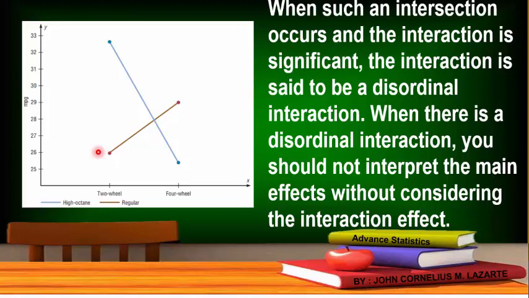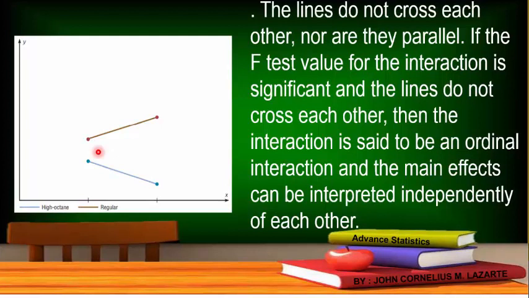There are also two other cases, which is if the lines do not cross each other, nor are they parallel. If the F-test value for the interaction is significant and the lines do not cross each other, then the interaction is said to be an ordinal interaction. So as we can see here, the two lines did not intersect, so it means it is an ordinal interaction and the main effects can be interpreted independently of each other.